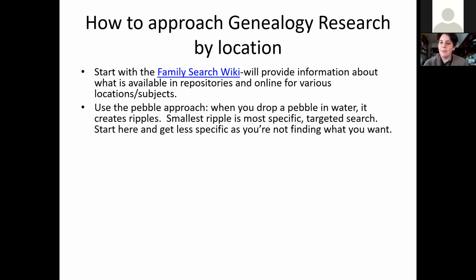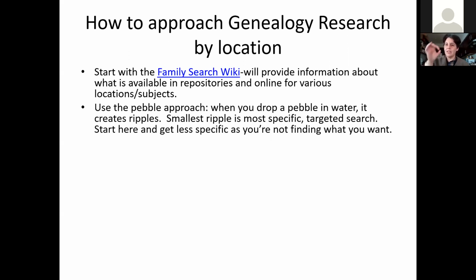What is the Pebble approach when we are searching? I use the Pebble approach when I'm searching on a website for a particular collection, and I'm thinking about sites that are huge information dump sites. So places like Ancestry, FamilySearch, all of that. So what I do is I picture a pebble dropping into the water, right?